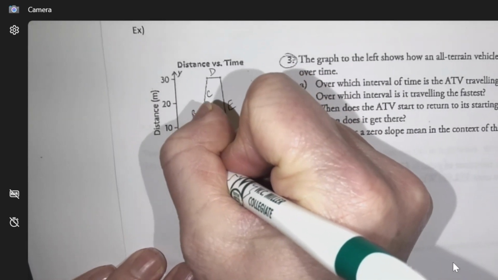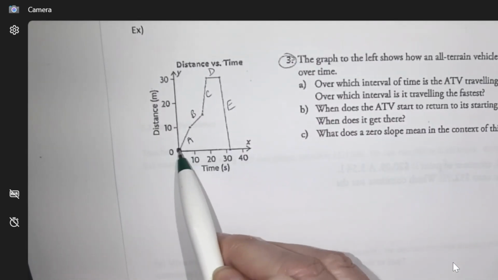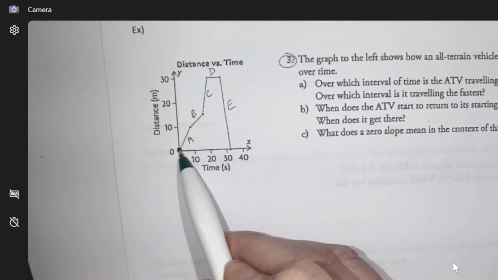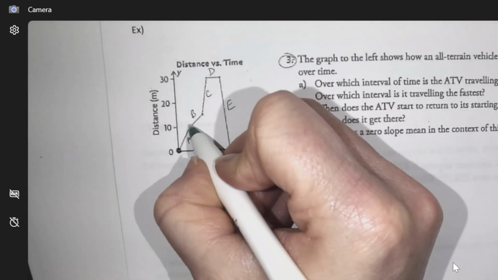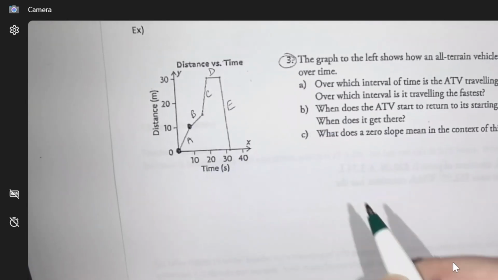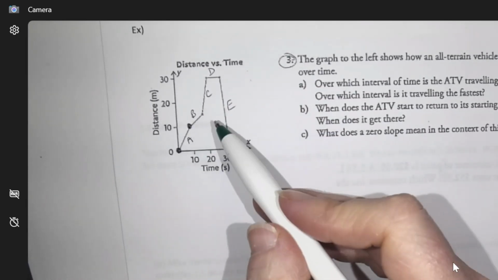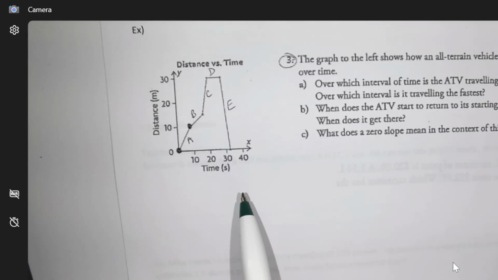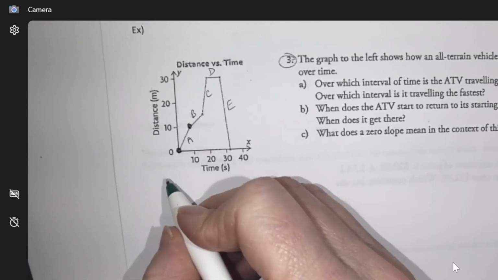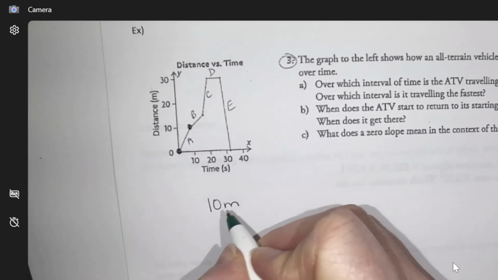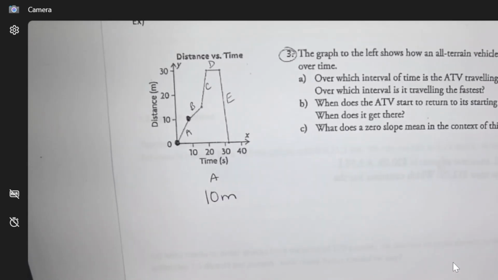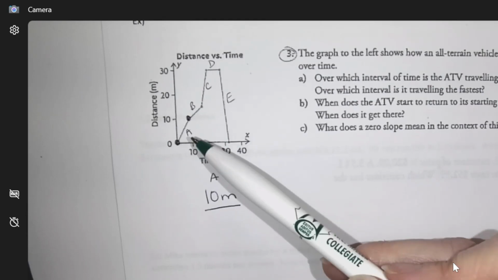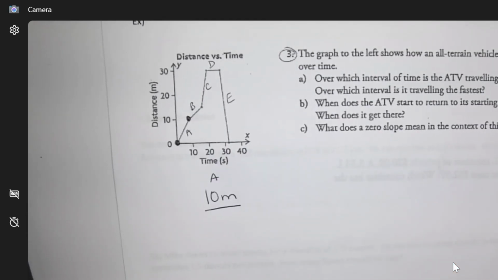From A, I started at 0 meters and I went to what? Should we say that is exactly 10 meters? So I did 10 meters over what? How many seconds would be there?